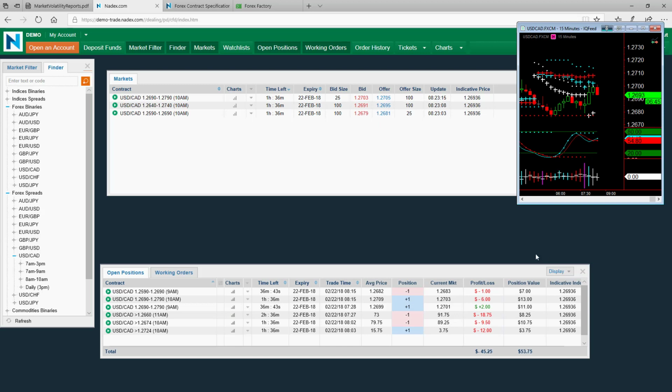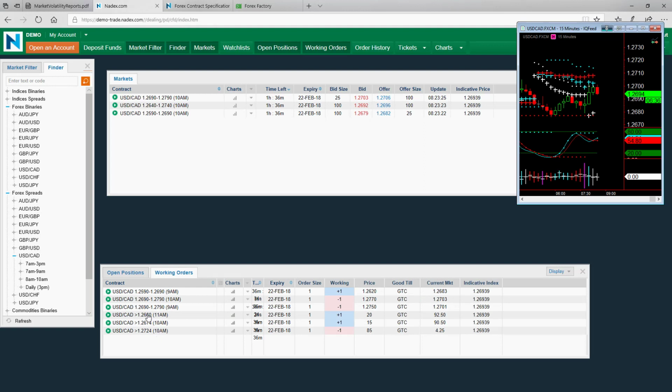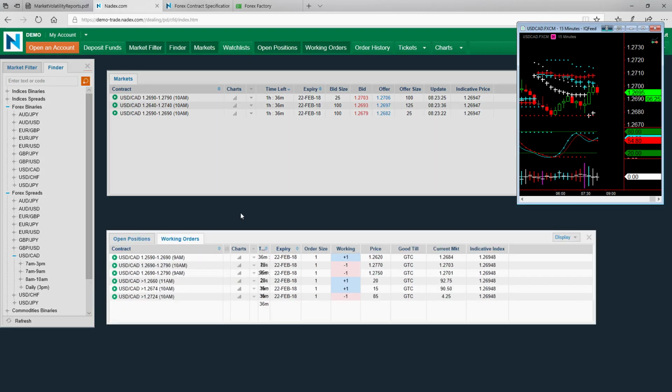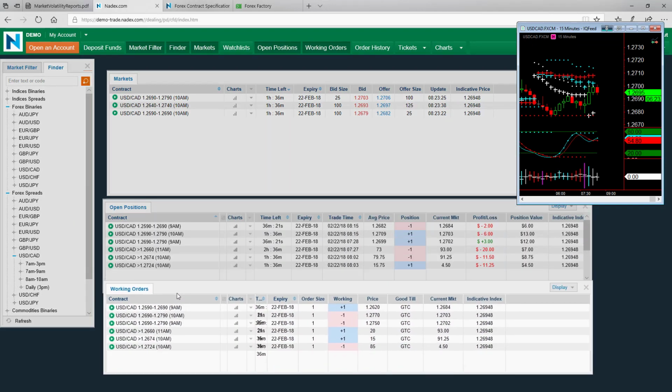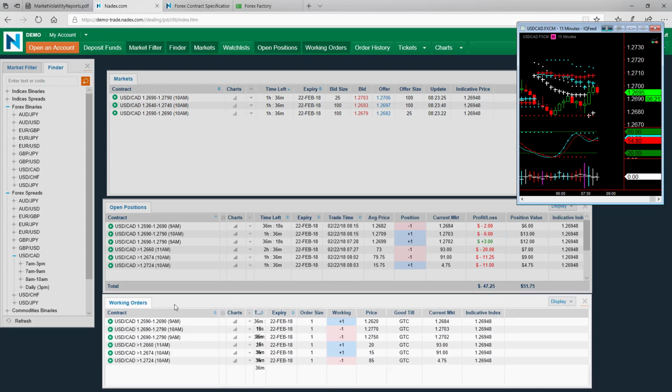The one other thing is I like to make sure that we have targets on all of the binaries, especially. So I just double check the binaries. Sometimes I do not set targets on the spreads, but the binaries I always set targets on. In this case, I'm going to bring these down because if I need to get out of one really quickly, I need to use the working order, not create a new order.